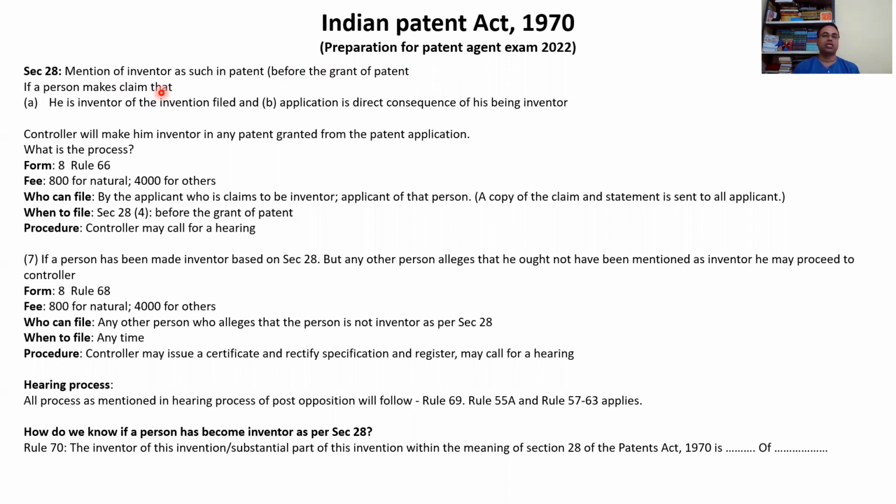One is that you are an inventor of the invention filed, and two, that the application is a direct consequence of his being the inventor. Then the controller will mention the inventor in any patent granted from the patent application.